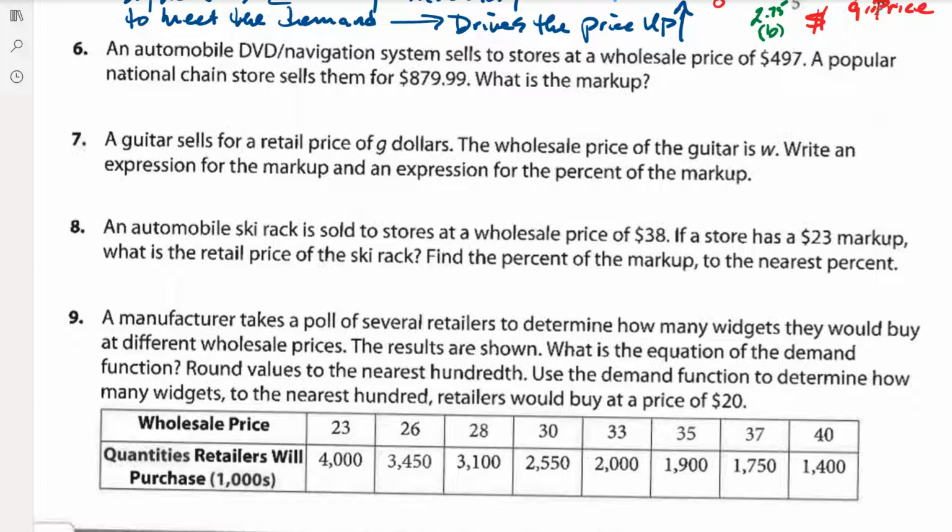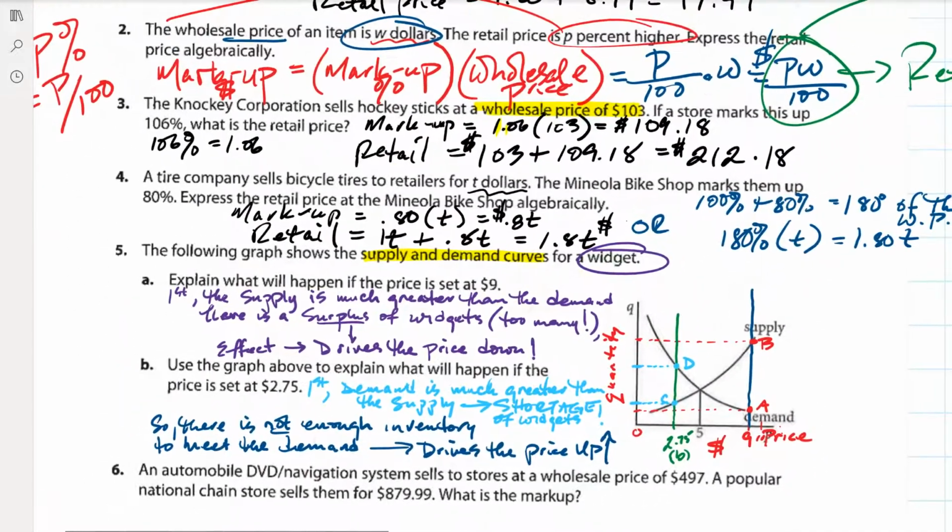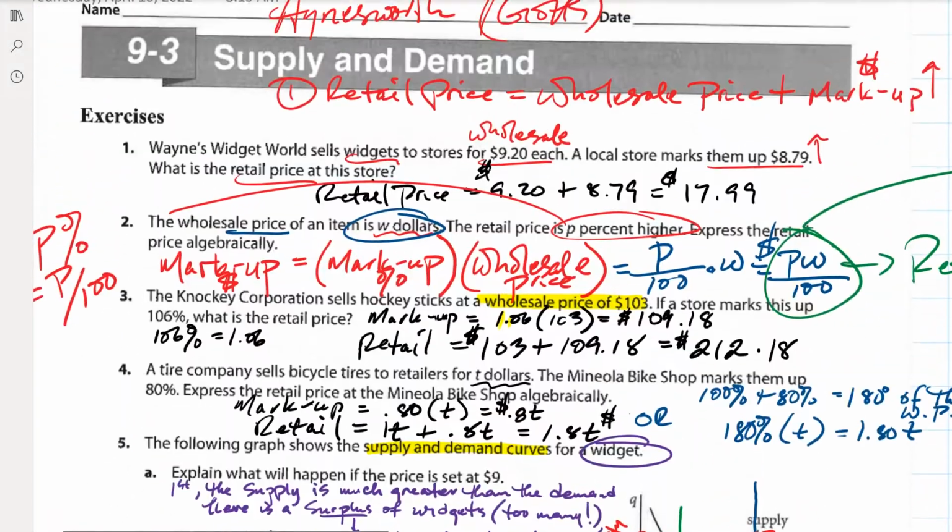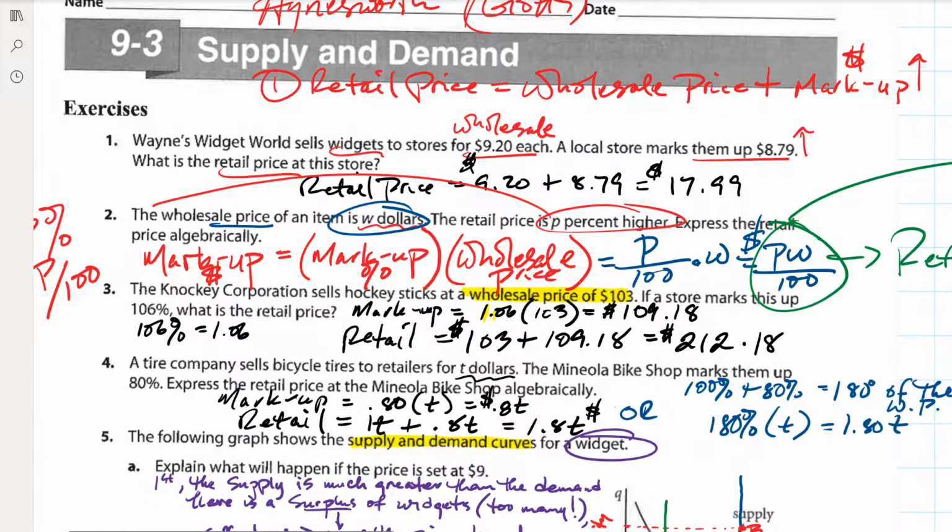It's whatever the retail price minus the wholesale price is. That should make sense because I said that earlier at the very top. If the retail price is equal to the wholesale price plus a markup, then the markup must be the retail price minus the wholesale price.